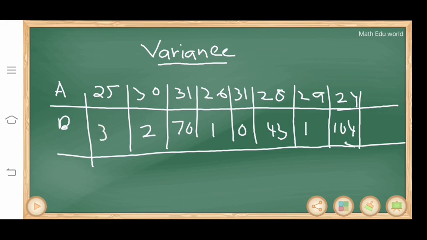When you take the total, we get 224 here, and here also we get 224. So the arithmetic mean is the same for both cases.